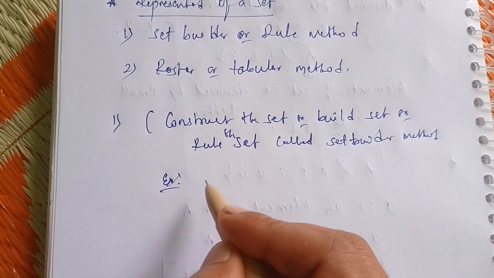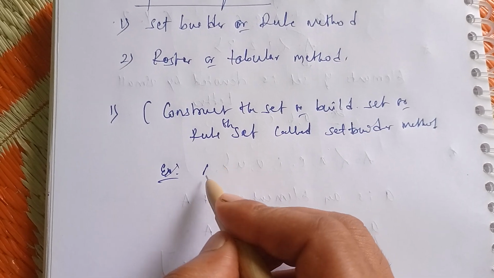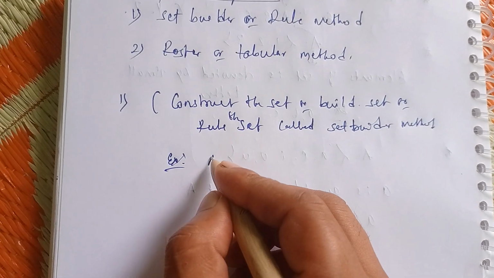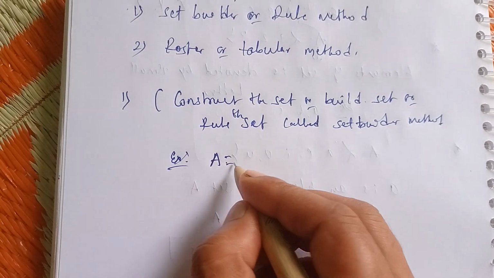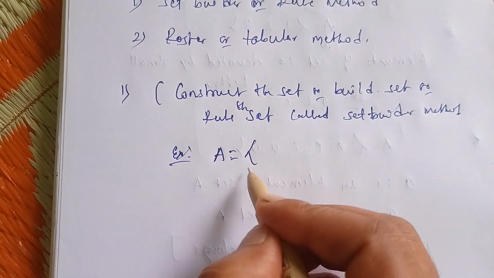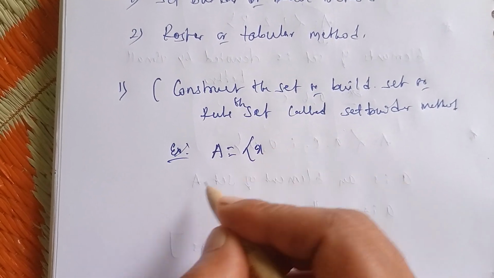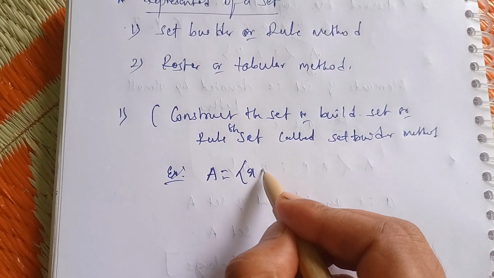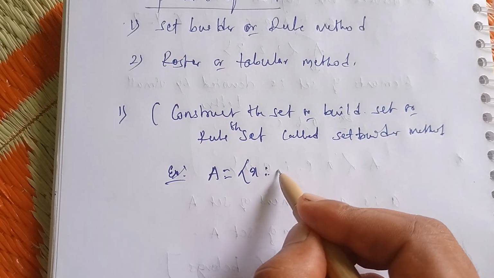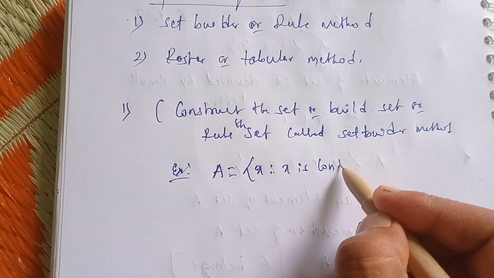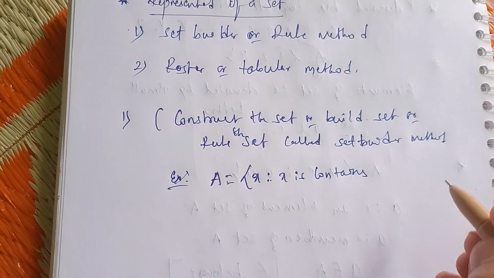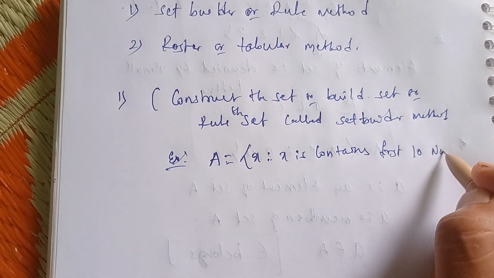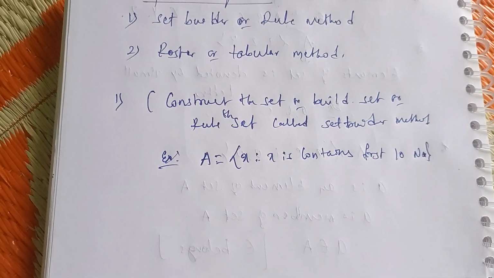For example, A equal to, in flower brackets, x, where x is a variable element, for example A, B, C, D, anything. Then x such that x contains the first 10 natural numbers.